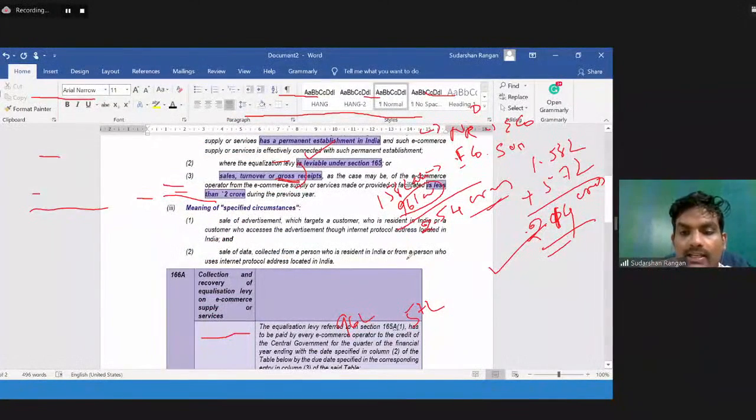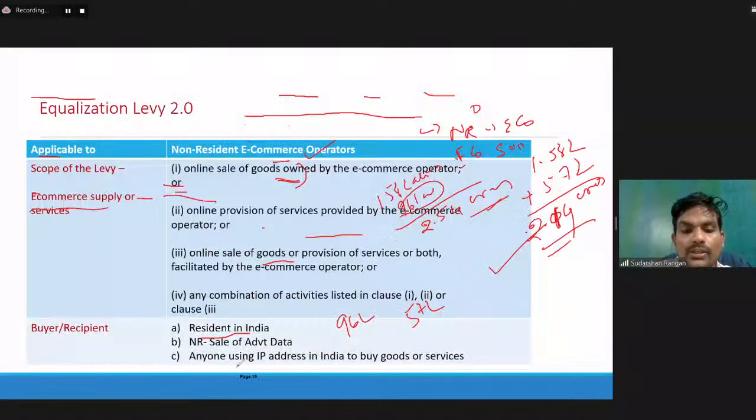Sale of data collected, or sales to a person through using the internet protocol address located in India. So if you sell anything through an internet protocol, even anyone using an IP address in India to buy goods or services, so I may be outside India, but if I use an IP address in India to buy goods or services, I will also be included. So this is very expanded.